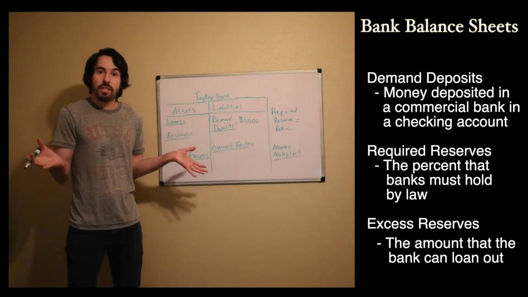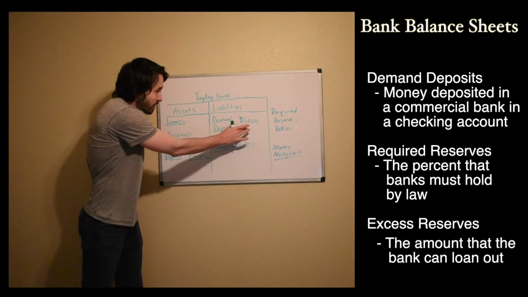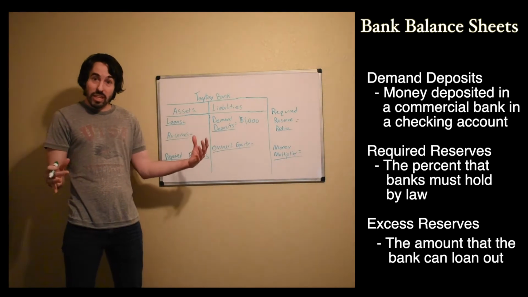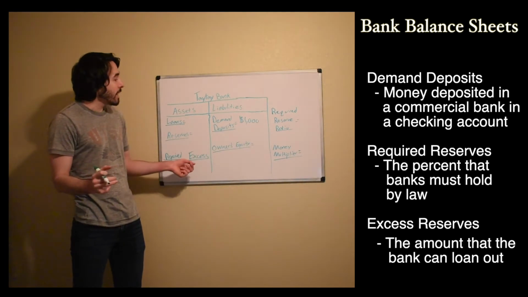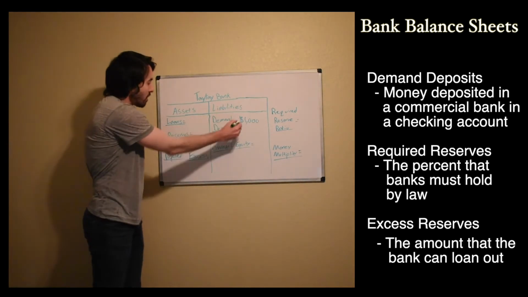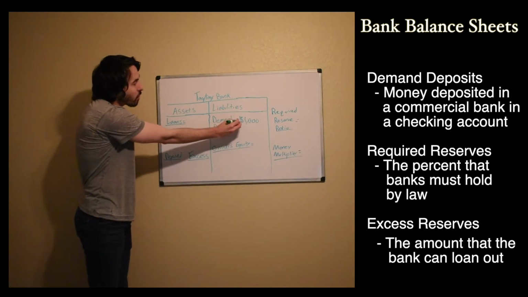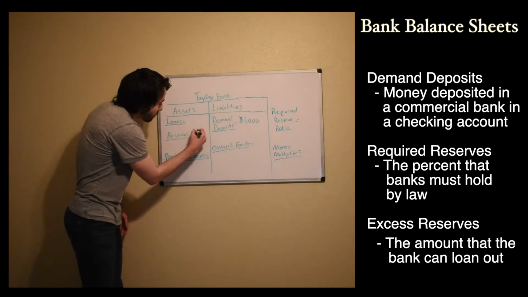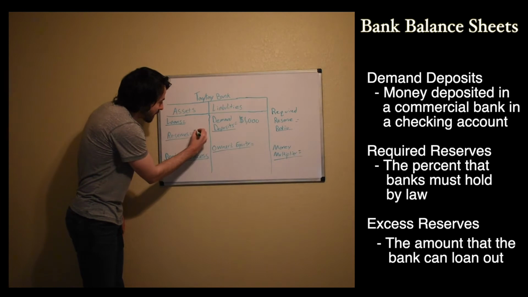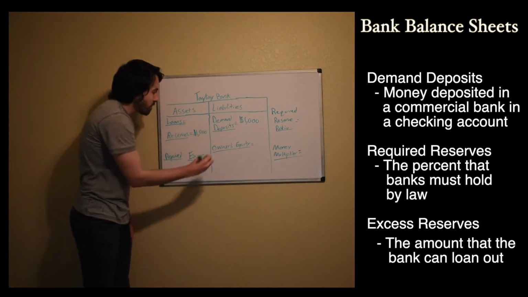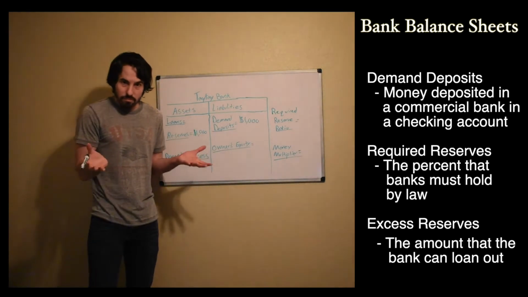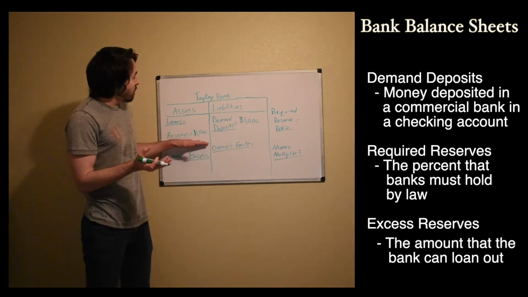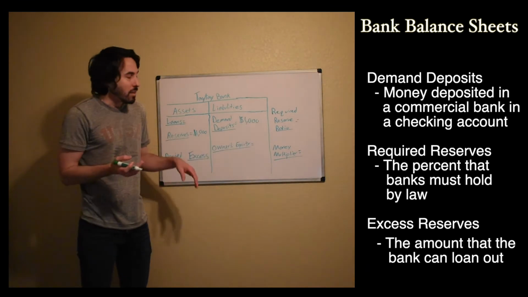So I'm the owner of Tay Bank. There's $1,000 in people's checking accounts in Tay Bank right now. This $1,000 is going to go into my reserves. Tay Bank has $1,000 in reserves that I have to hold on to. So they're both an asset and a liability.